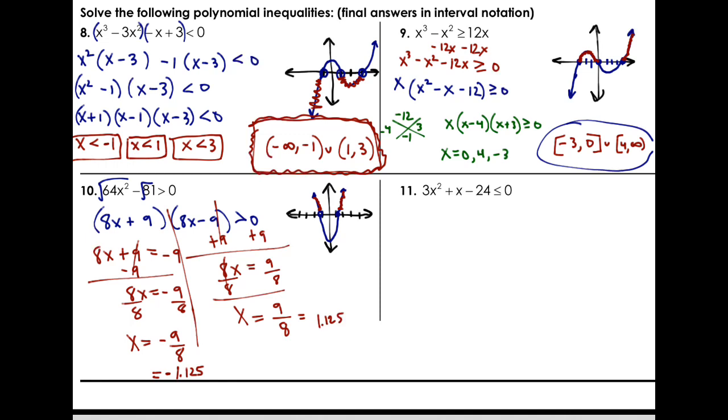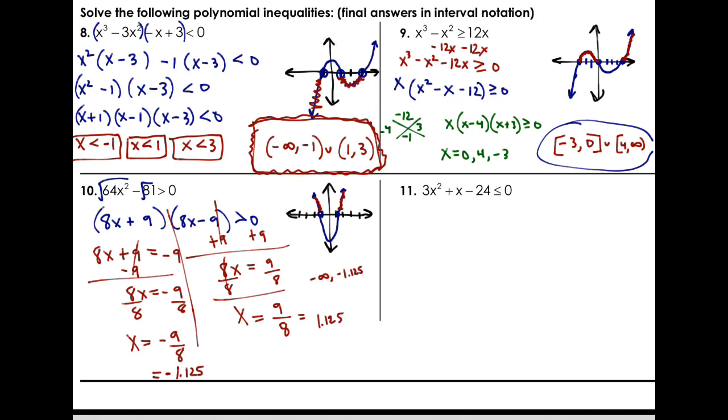So we shaded from negative infinity to negative 1.125. So negative infinity to negative 1.125. And you know what?